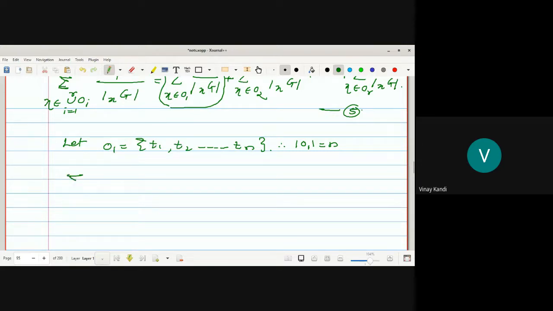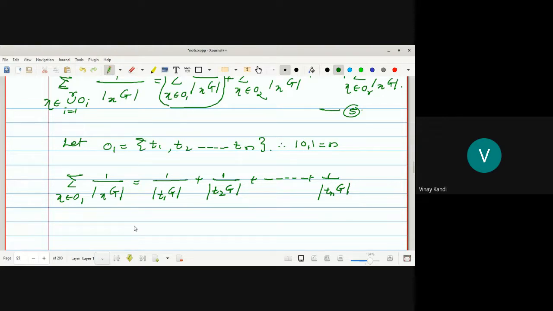So summation x belongs to O1, 1 upon xg is equal to: take one element of O1, which is T1, so 1 upon T1g, plus 1 upon T2g, plus up to so on. How many elements are there? n elements, 1 upon order of Tng.